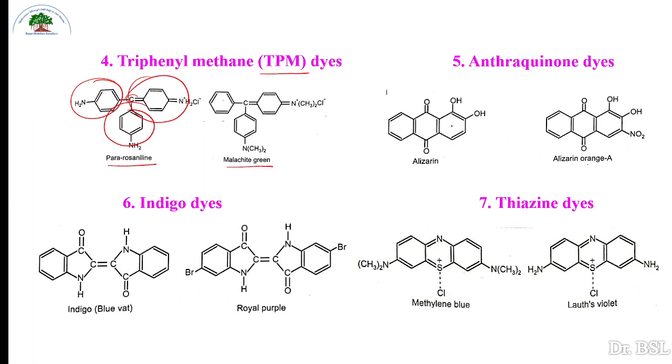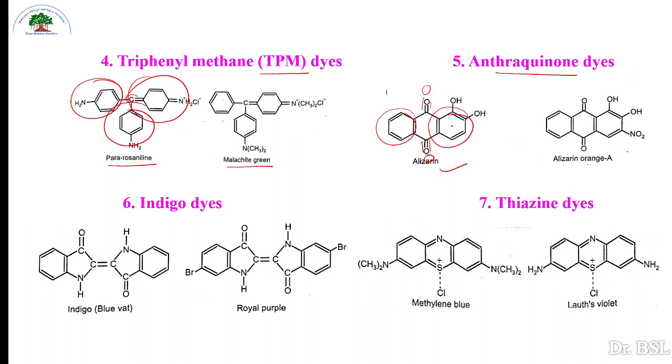These are the examples. Anthraquinone dyes, the structure in which two phenyl rings with central six-membered ring and two carbonyls, that is quinoid structure. These dyes are known as anthraquinone dyes.